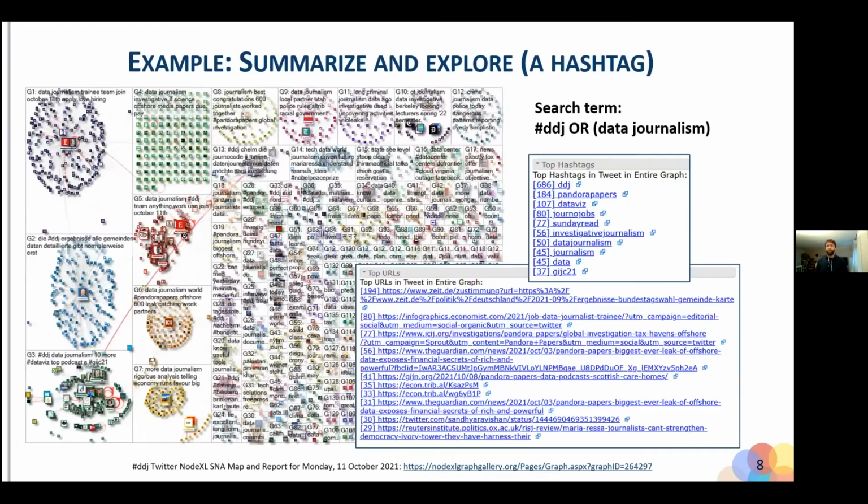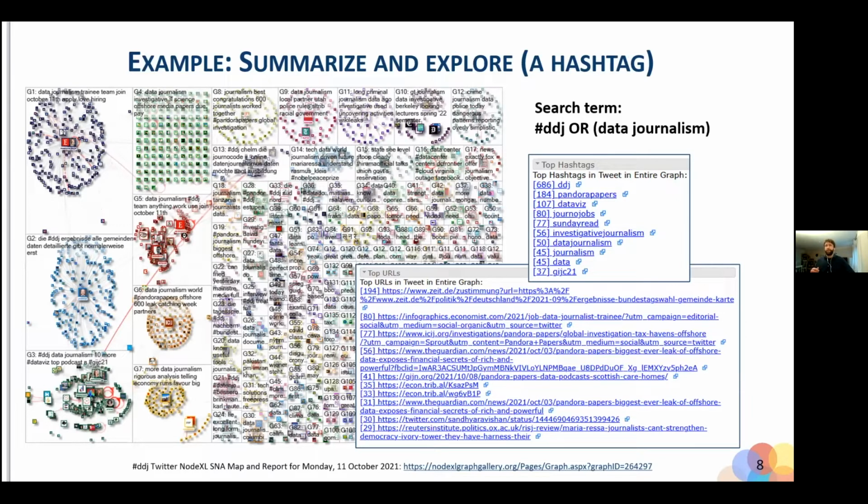Here's another example for a Twitter network map, and maybe you're familiar with the hashtag DDJ, well, I'm sure you are, and the GIJN compiles a list of top 10 DDJ links every week, and that's based on the data that we provide for the GIJN team.